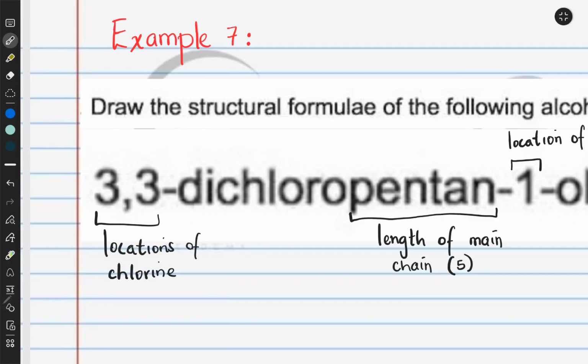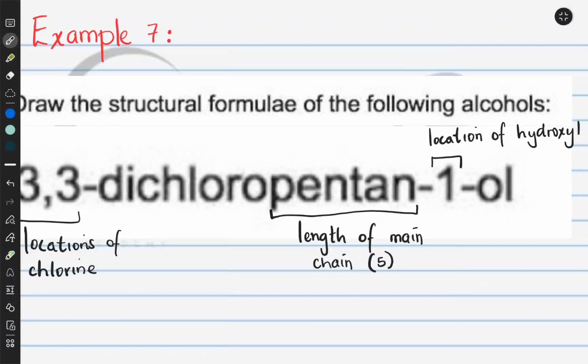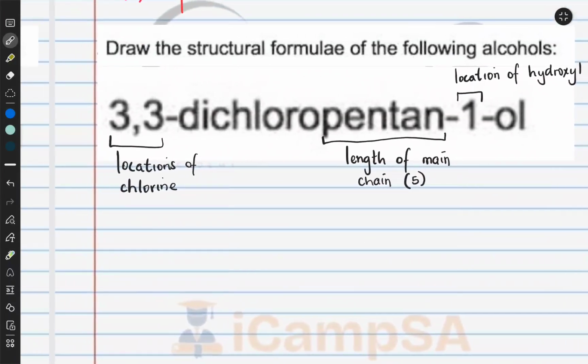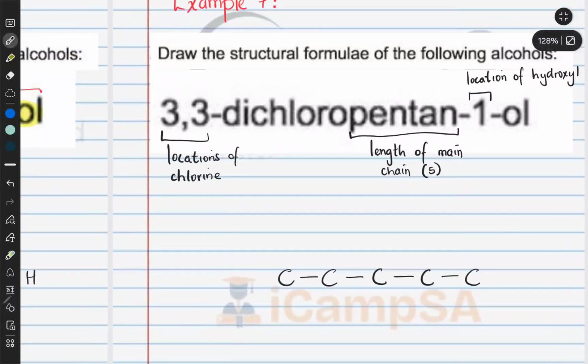So look, chlorine is located on carbon atom number 3. Right, so let's draw our structural formula. So 1, 2, 3, 4, and then 5.